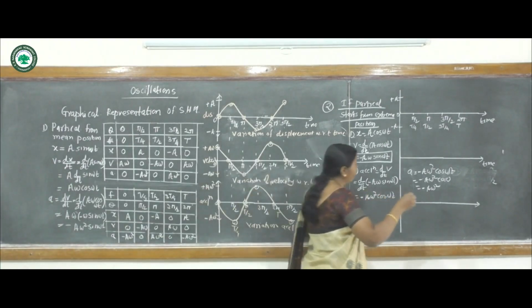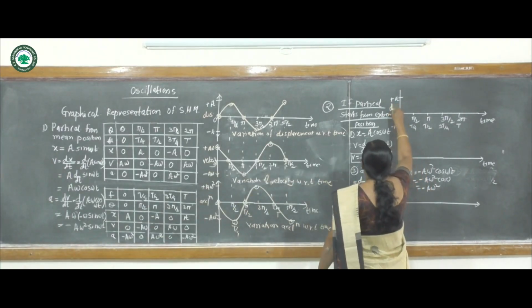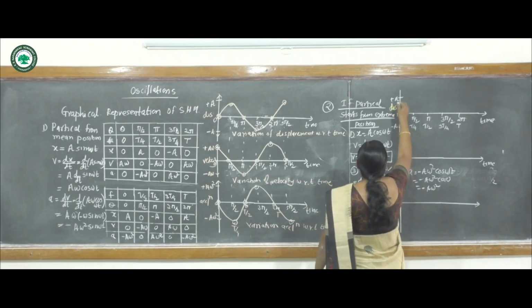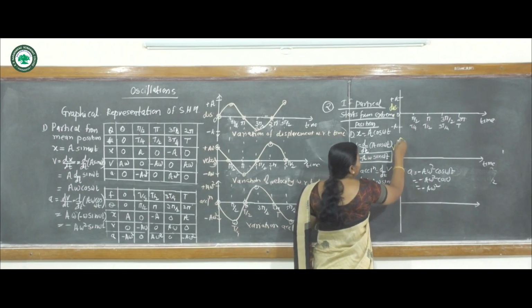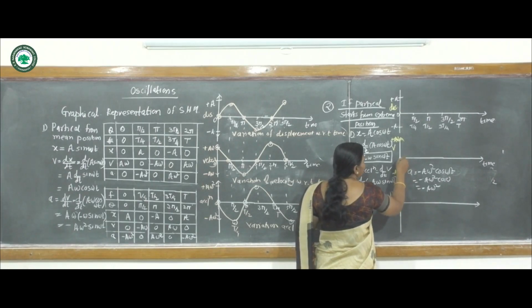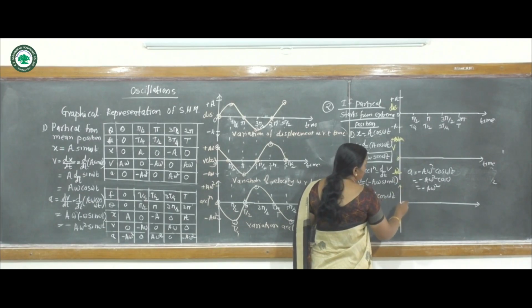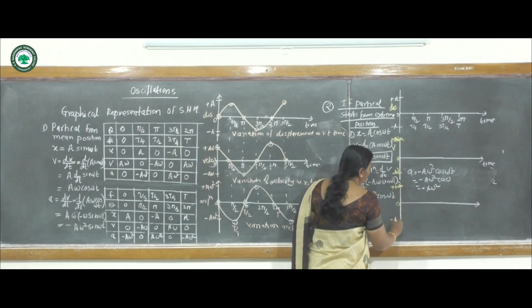See, initially the displacement has plus a and minus a values, then velocity has positive extreme value, that is a omega, and here it is minus a omega, and then it is 0. Acceleration has the values minus a omega square, plus a omega square, and again minus a omega square.